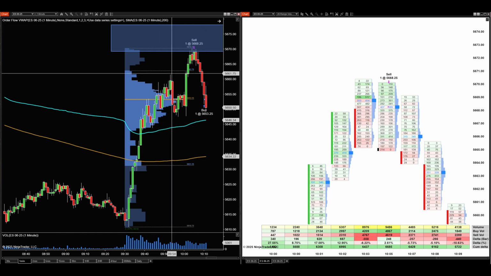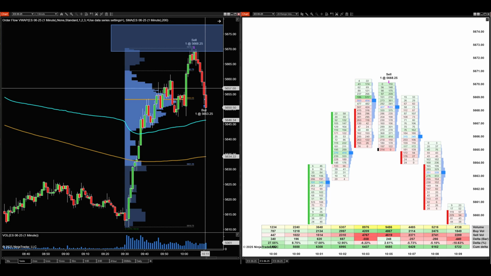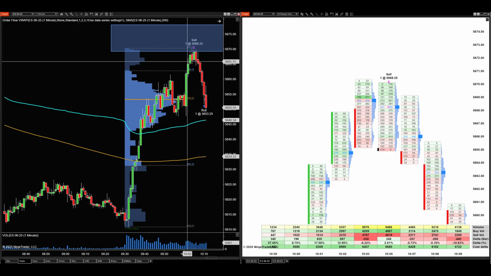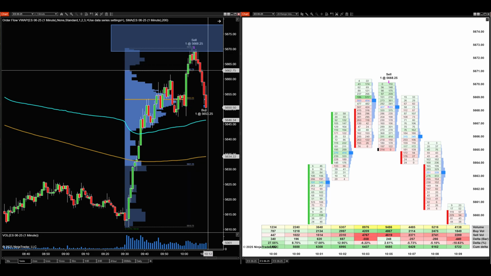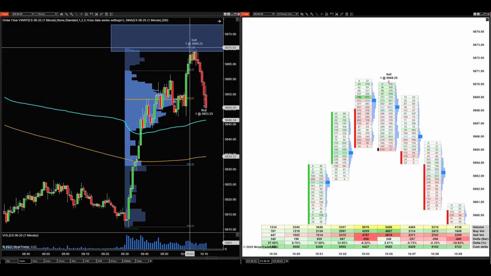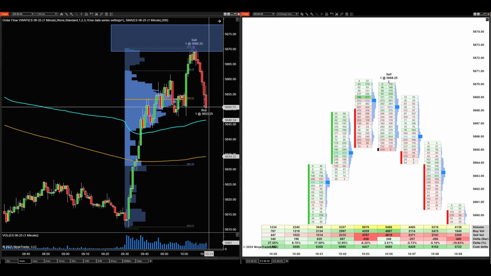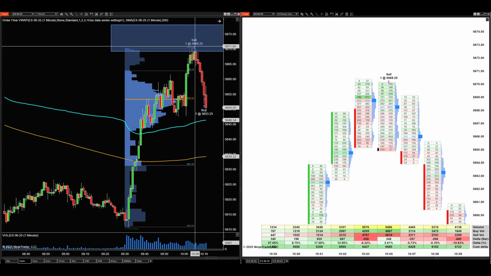Once we came below this high here with velocity, I said if price can come below this high and defend and come back up, I'll get out at break even, or I'll get out pretty much then and there. But price came all the way down into this VPOC, and I got out at 53.25, selling at 68.25. That is 15 points of profit over 2 points of risk.